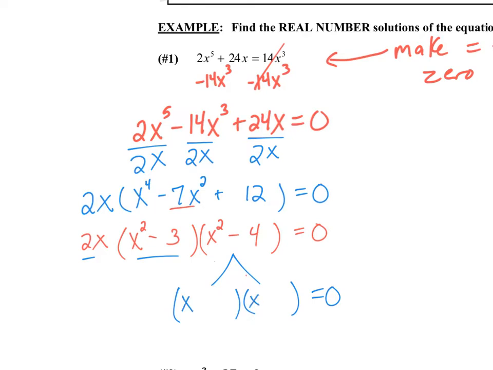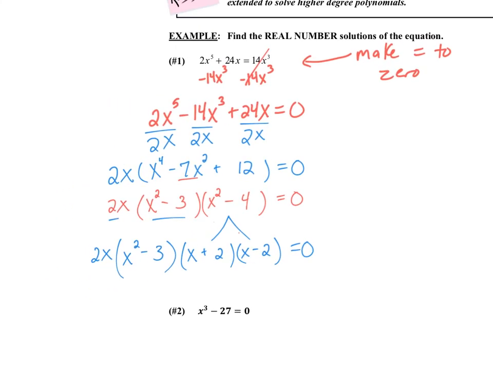X times x is x squared. 2 times 2 is 4. 1 plus sign, 1 minus sign. And everything else will stay the same. So we have 2x, x squared minus 3, x plus 2, x minus 2. So a lot of factoring. It was the GCF, it was smiley face, and then we did difference of squares.